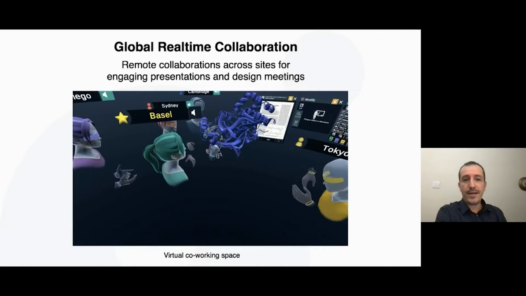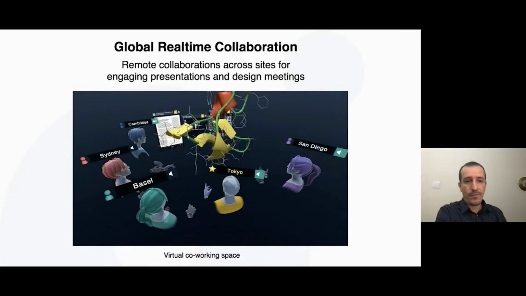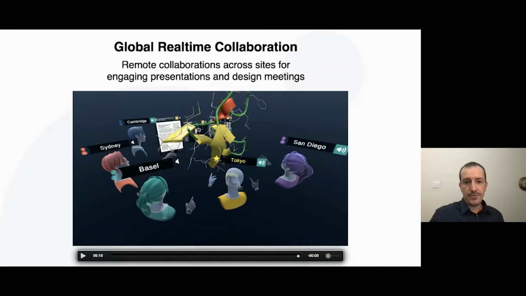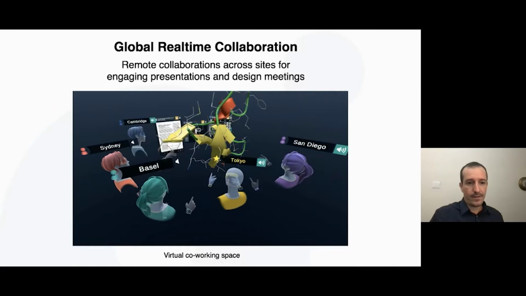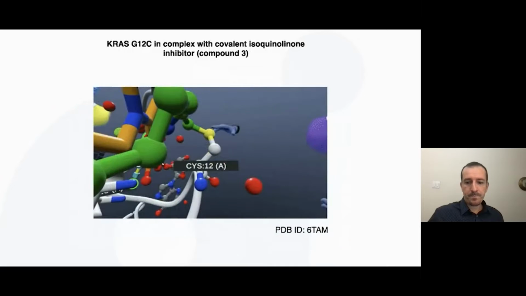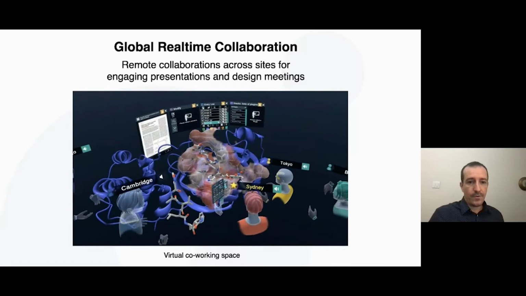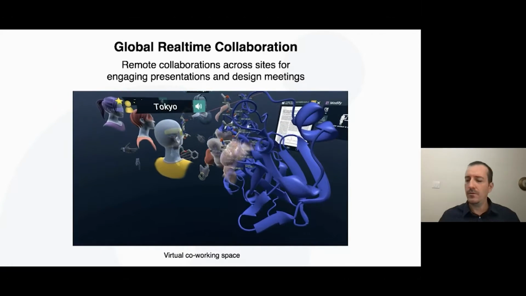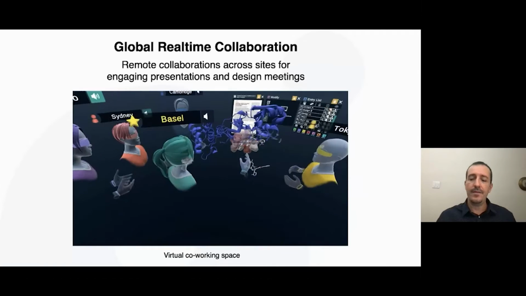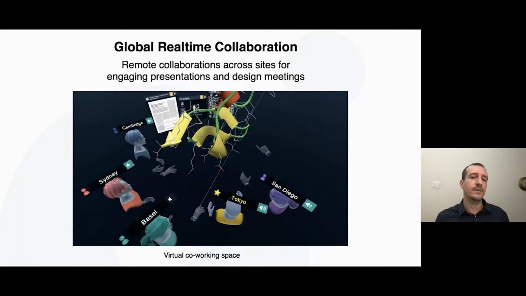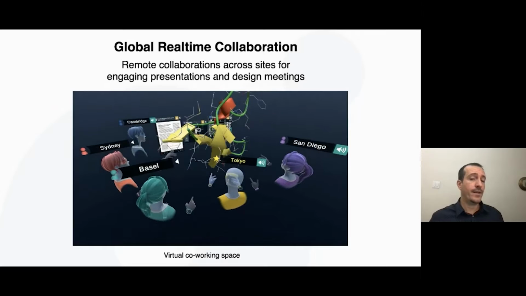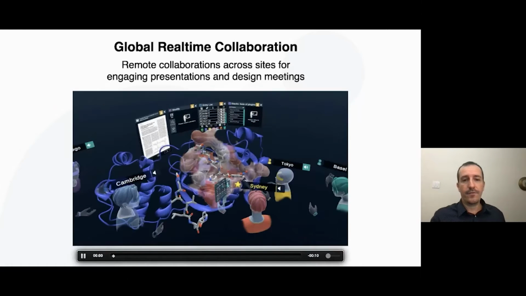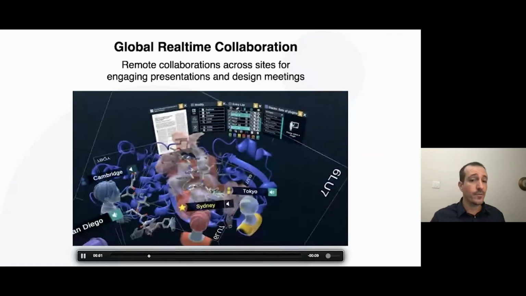In this case, we have a test that we did with people really all over the world, from Australia to Japan, Europe, and the United States. The experience is really smooth with no lag, and the reason for that is that there's really no video being transferred via the network. It's mostly coordinate data, and therefore it allows for a very smooth experience.